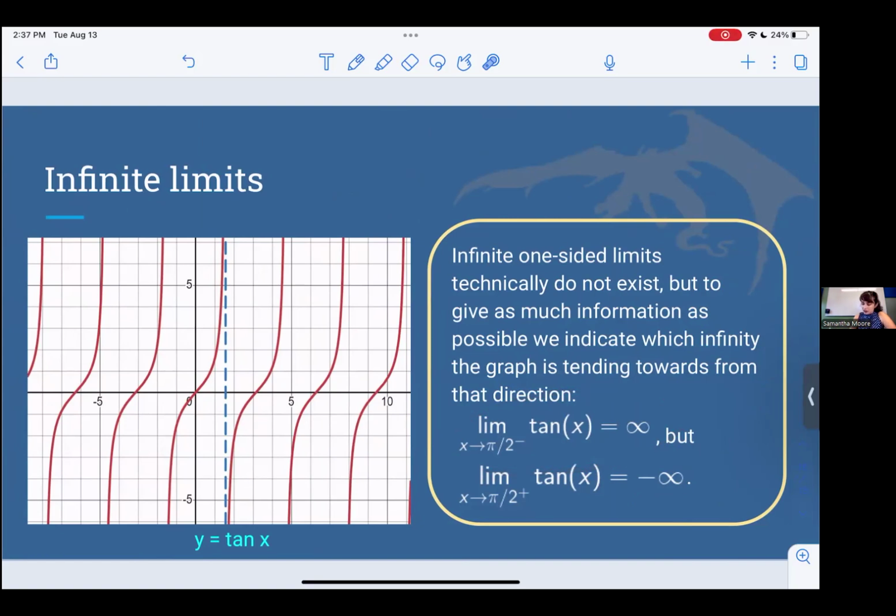On the other hand, if my x values get closer and closer to pi over 2 from the right, and I trace along my graph, my y values are going off to minus infinity. And so we have different one-sided limits for this point. So we would say that the overall limit as x approaches pi over 2 does not exist here.